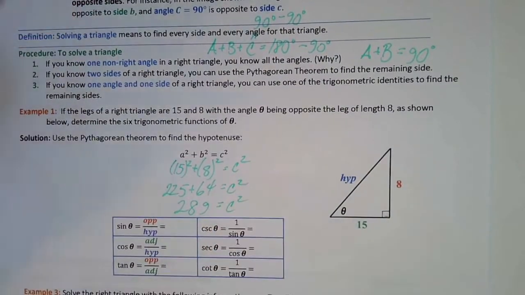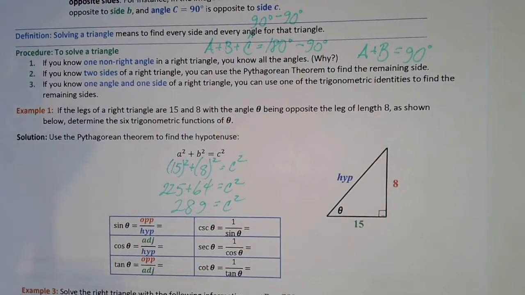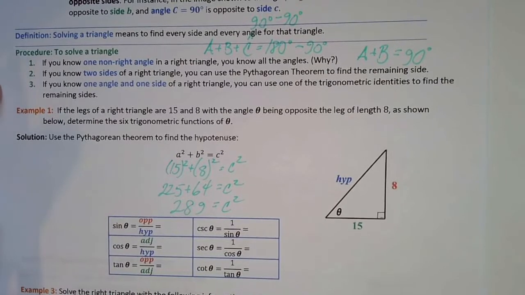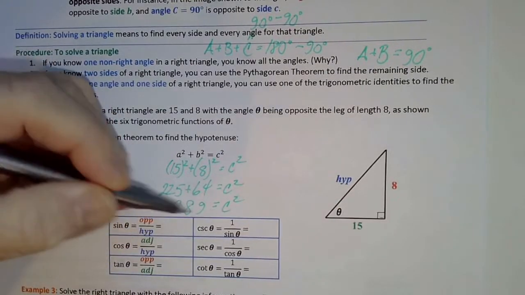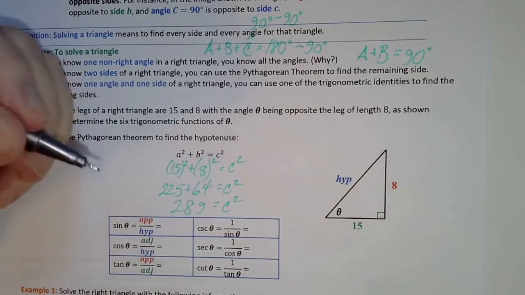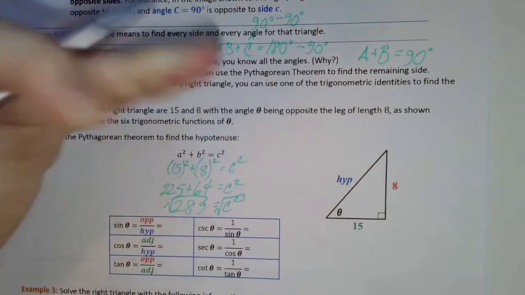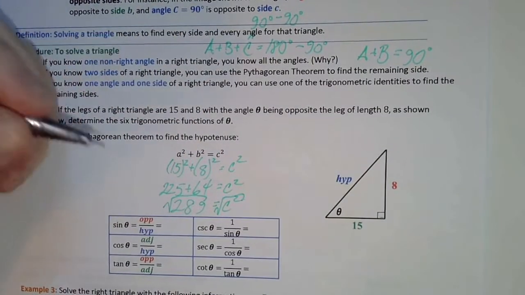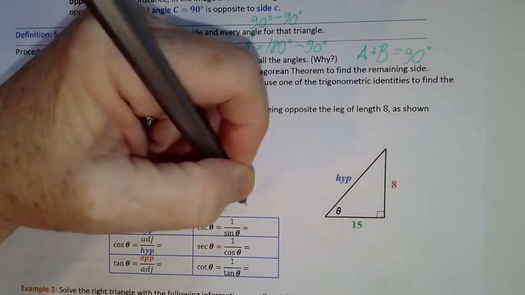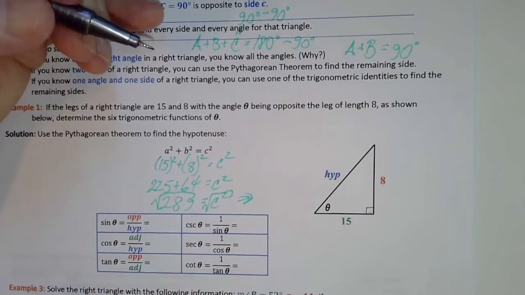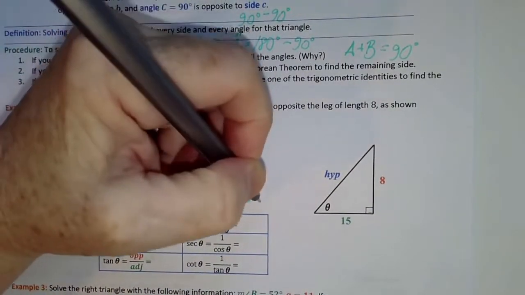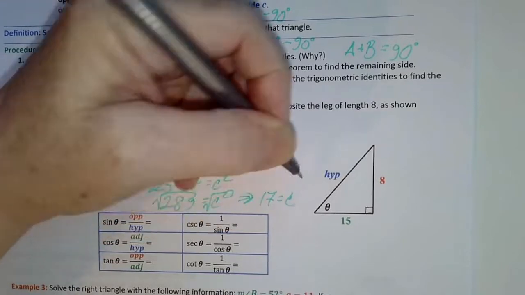Since I've got a regular right triangle, not something inside of a coordinate axis, when I take the square root of both sides of this equation, I do not have to put a plus or minus. It's not wrong to do that, but we don't have to. And this is one of our friendly triangles. I know that 17 is going to be c.